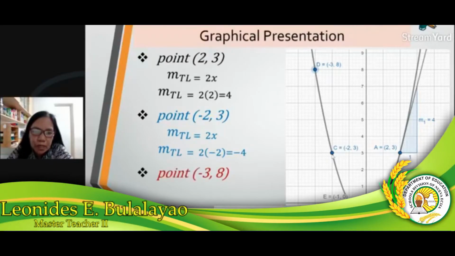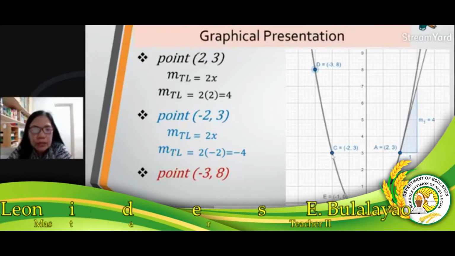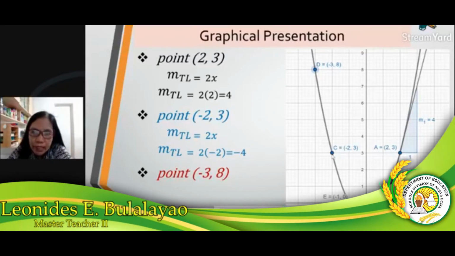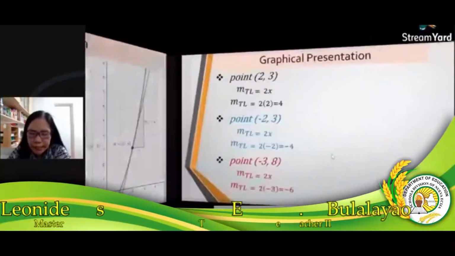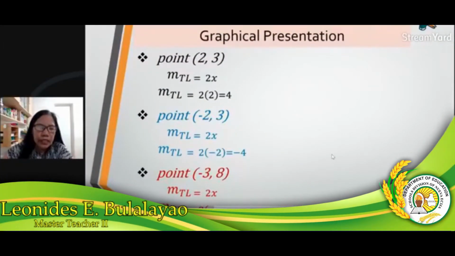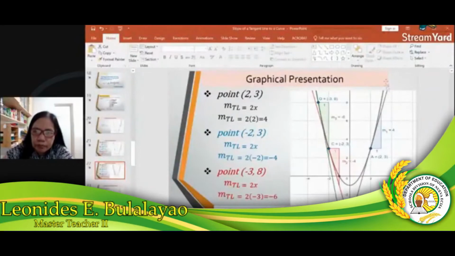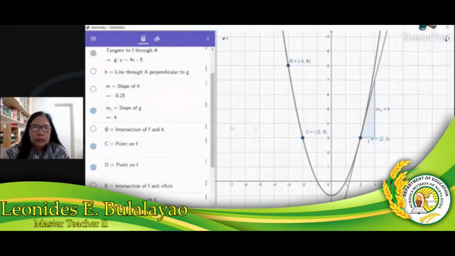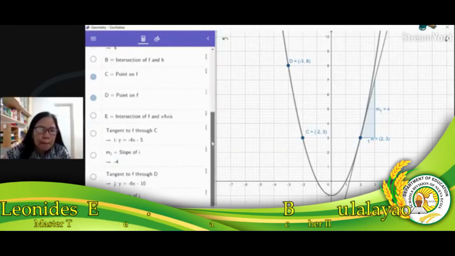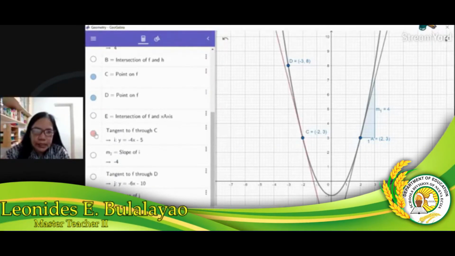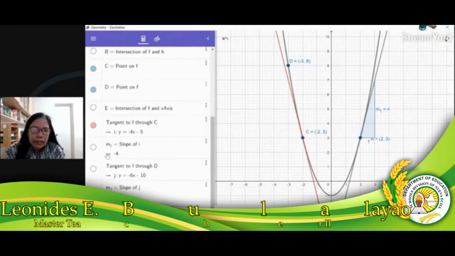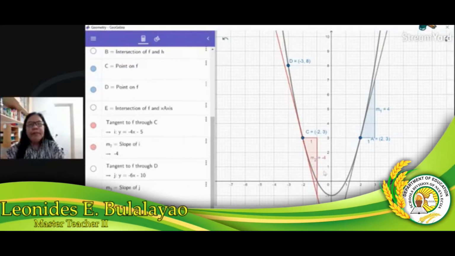What about if we have point (-3, 8)? Getting the slope of the tangent line at that point, we have again 2x. So we have 2 times negative 3 equals negative 6. So if we check, let's have the tangent at point C. As you can see, this is the line tangent at point C, and the slope is negative 4.